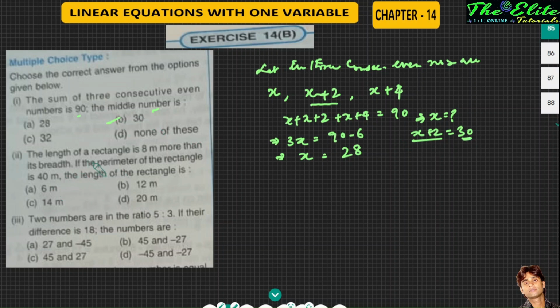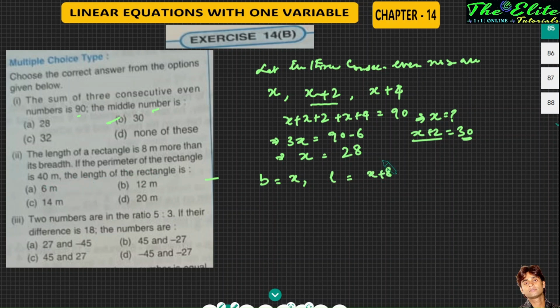So your answer is 30. Next: the length of the rectangle is 8 meters more than its breadth. If the perimeter of the rectangle is 40, find the length. Take the breadth as x, then the length is x plus 8.